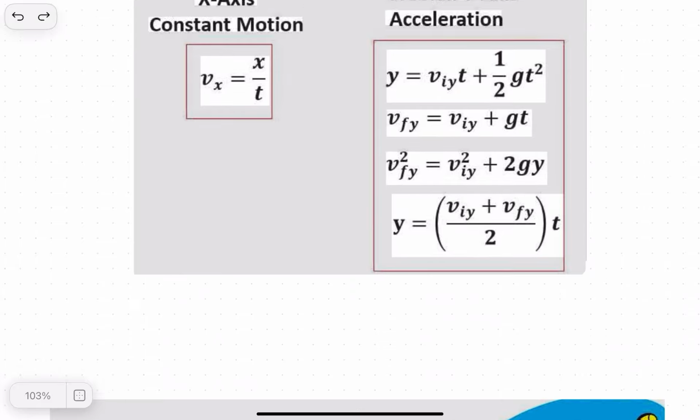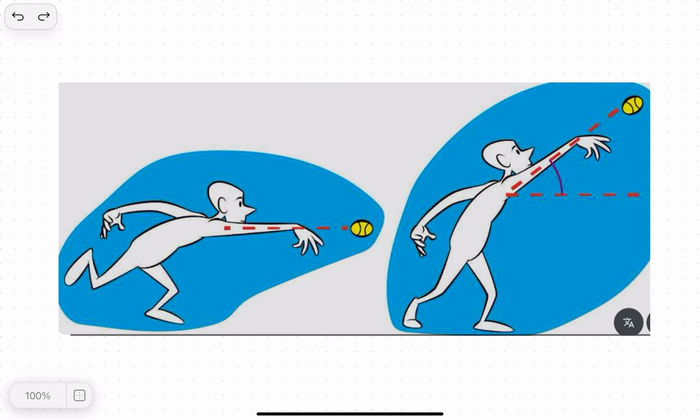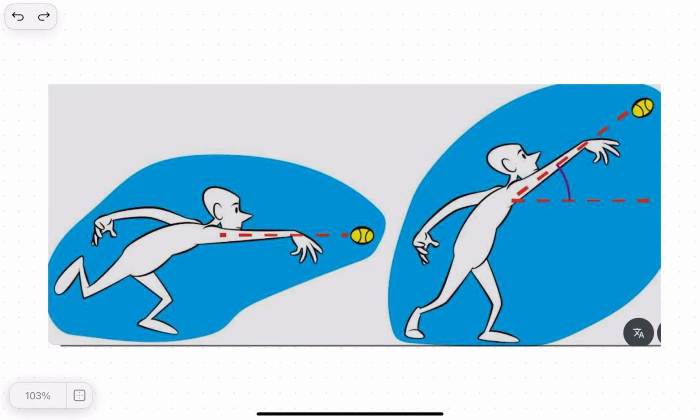Now, when we look at a real world example, this is a picture I chose. Imagine you're throwing a baseball. In this first image, there is a person throwing it horizontally this way, and if this person threw this ball harder, it would go further.